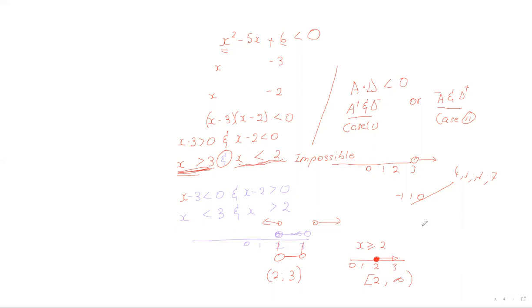Let's have a look at the last one here. The last one goes like x squared plus 3x minus 5 is equal to 0.